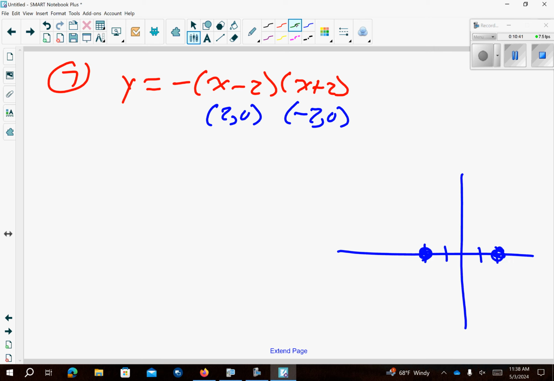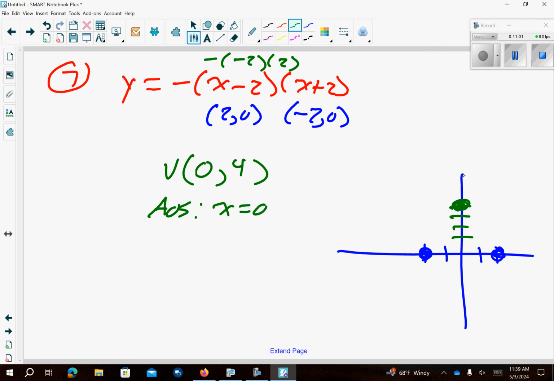And then if we want to figure out our vertex, it is right in the middle, so the vertex is going to be at 0, something. If you plug 0 in here, you get negative 2 times 2. So that's going to give me positive 4, which is right there. Our axis of symmetry is x equals 0 because it's right on the y-axis.